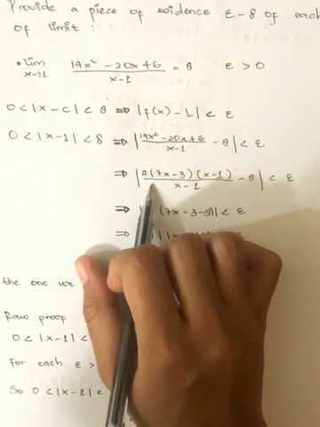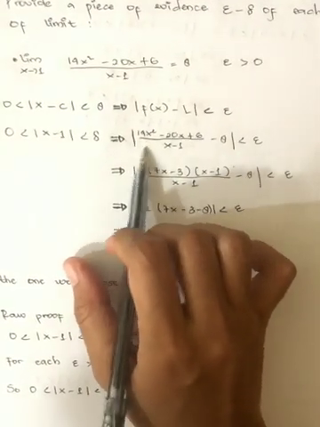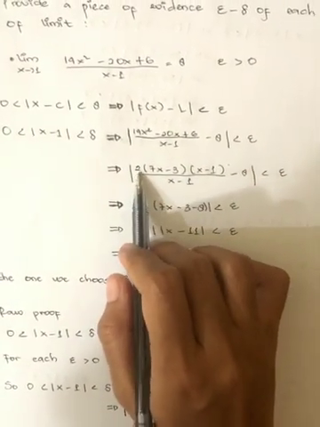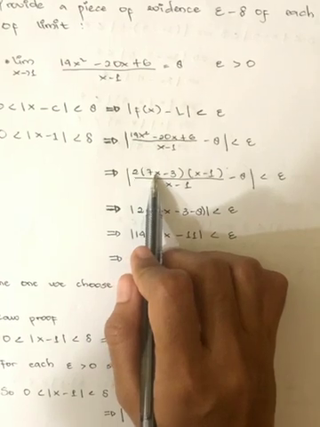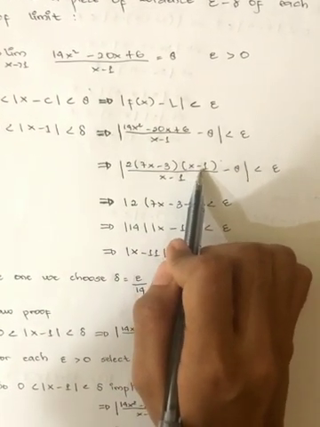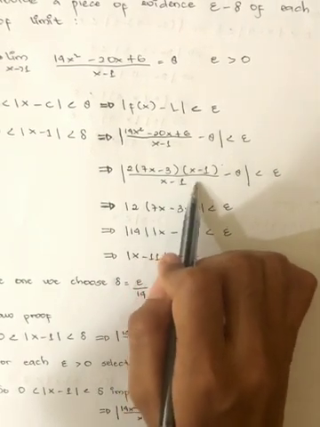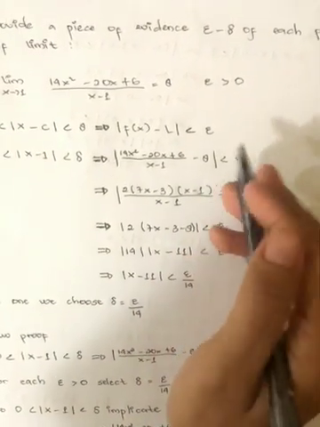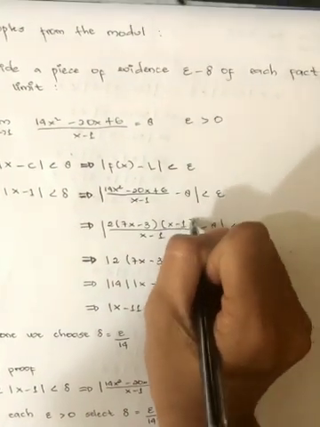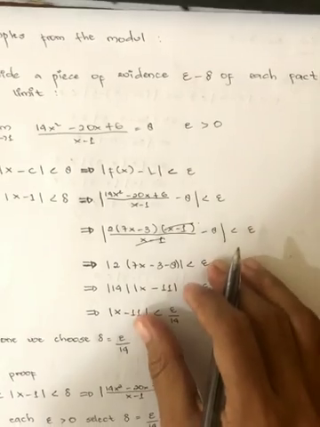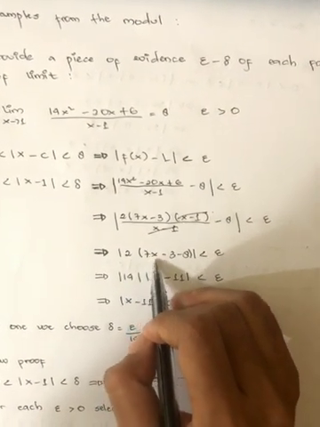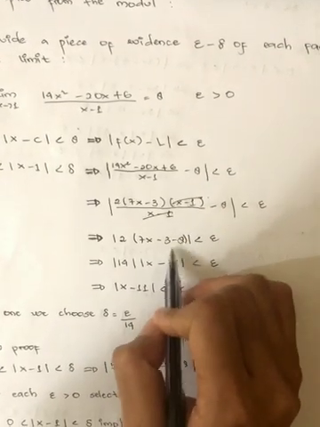We make this equation into a factorization: 2 times (7x minus 3) times (x minus 1) per (x minus 1), minus 8. These two (x minus 1) terms are the same, so they cancel and it becomes 2 times (7x minus 3) minus 8.